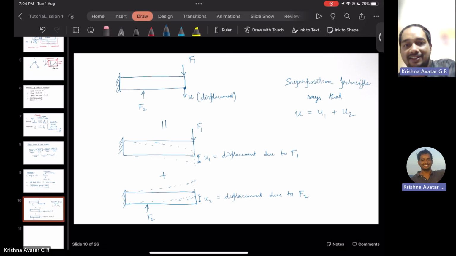So that's the specific feature of a linear system in mechanics: you are able to break down the system in terms of individual sub-problems, get the individual responses, add them up, and you get the total response. So that's what it says here.